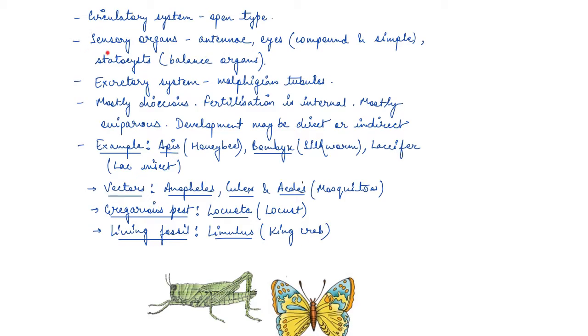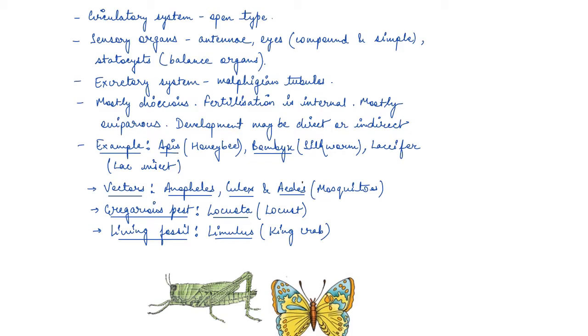So now you can see that as we are moving ahead on the different phyla, we are coming across different types of organs as well, and these organs are specially created for them in order to support their day-to-day living. Okay, then they have excretory system, and excretion takes place through Malpighian tubules.